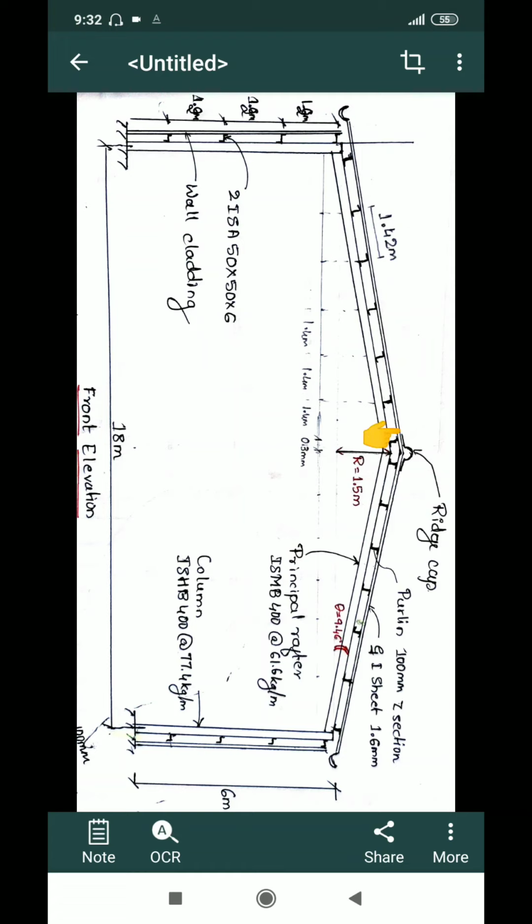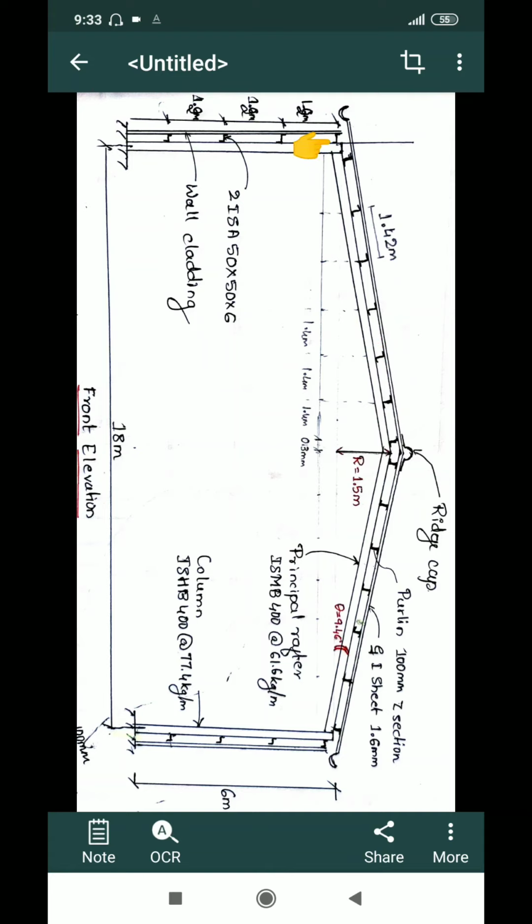Then this is the principal rafter, which is ISMB 400, meaning the depth of this principal rafter is 400. Then the depth of this section is 100 mm. Then above this there are GI sheets of thickness 1.6 mm. You need not show the thickness of 1.6 mm, just draw a double line, a representative line.